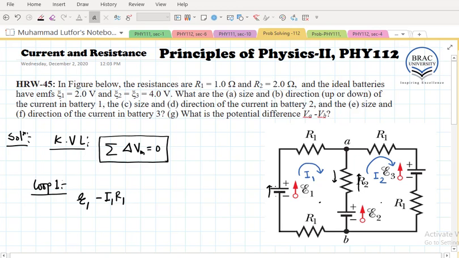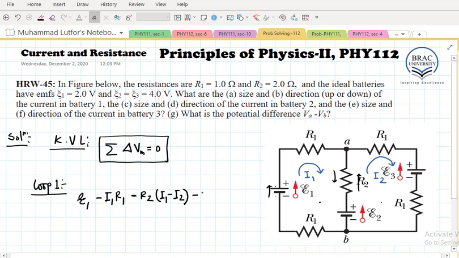So the net current would be the difference of these two. Since I am considering loop number 1, I will give priority to the current I1. So the voltage drop across R2 would be minus R2 times the net current, which is I1 minus I2.